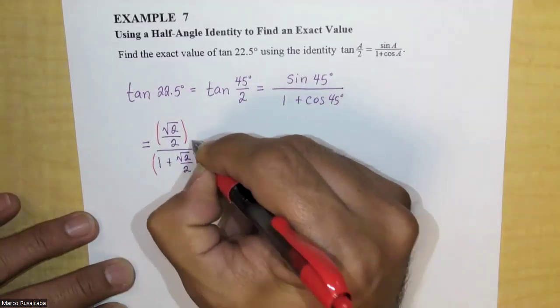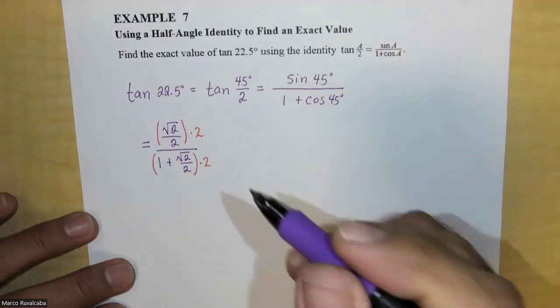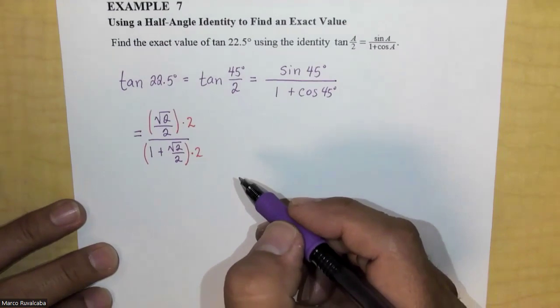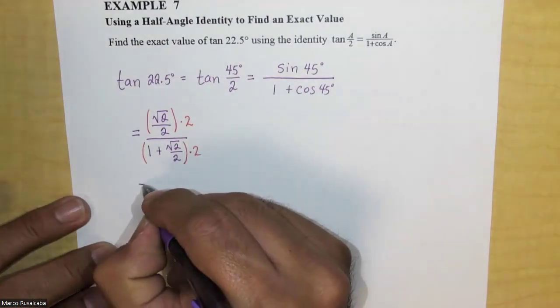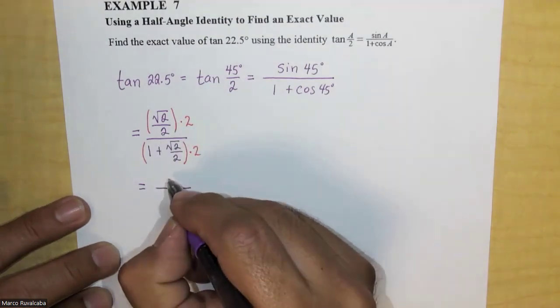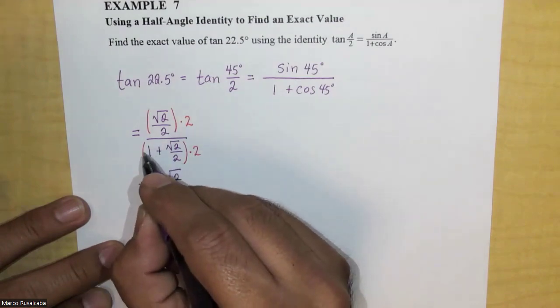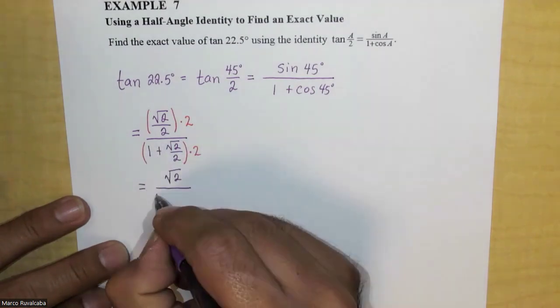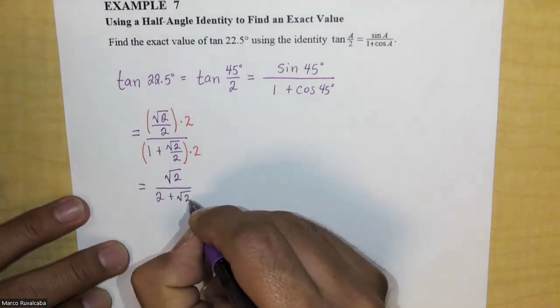And this will work because you're doing the same number to the top and the bottom. Okay? And therefore, when you multiply that, that'll get rid of the denominators for the fractions. But you're also multiplying this 1 right here. So 2 times 1 would be 2. And then this will be plus the square root of 2.